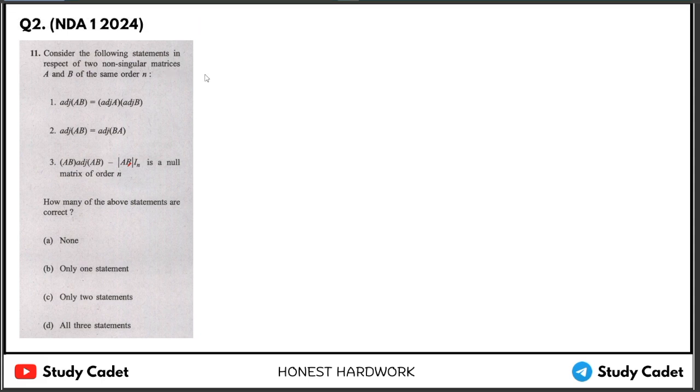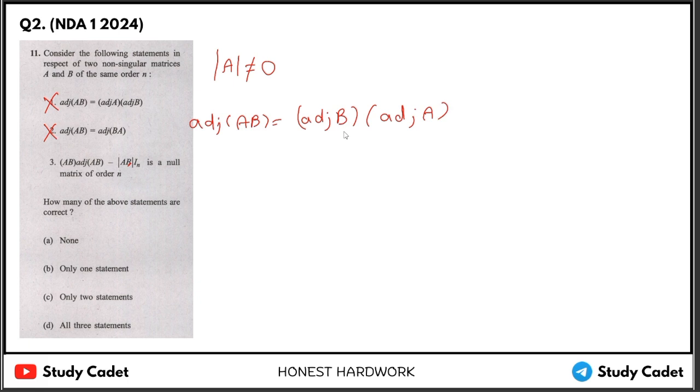Consider the following statements in respect of non-singular matrices, which means the determinant of the matrix will not be 0. These are simple properties. This is incorrect, because adjoint of AB is adjoint of B into adjoint of A. That's why both are wrong.